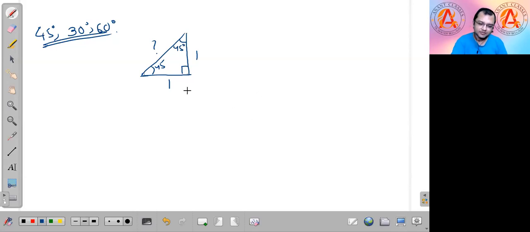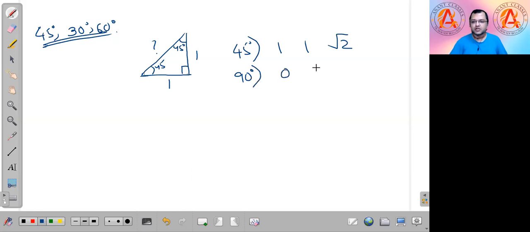Root 2, exactly. So that means for 45 degree, what is my triple? 1, 1, root 2. I also know that for 90 degree, my triple is 0, 1, 1.